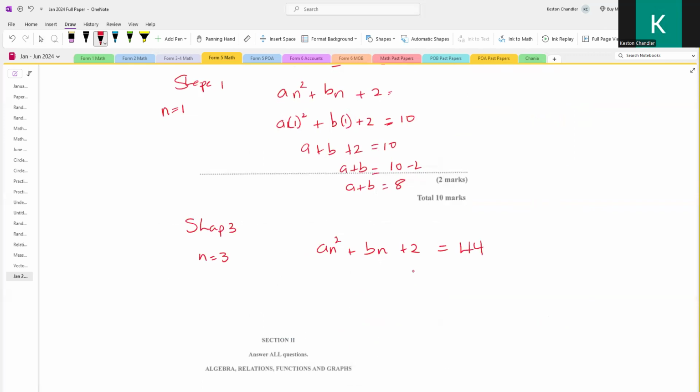And then these values of n are going to be 3. So we get 9A plus 3B is equal to 44 minus 2. So 9A plus 3B is equal to 42.